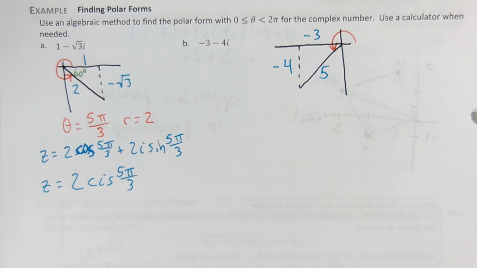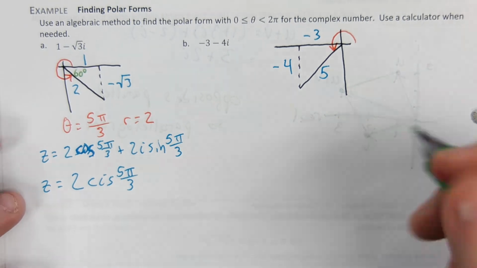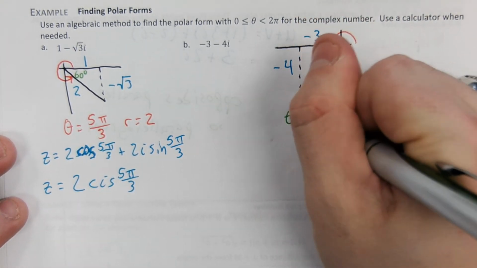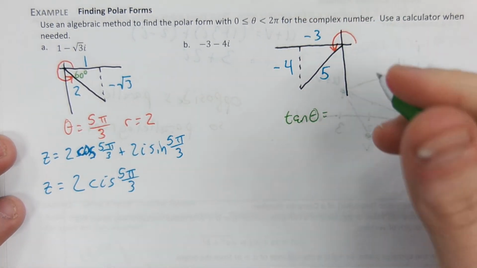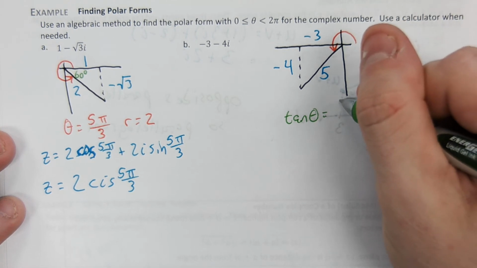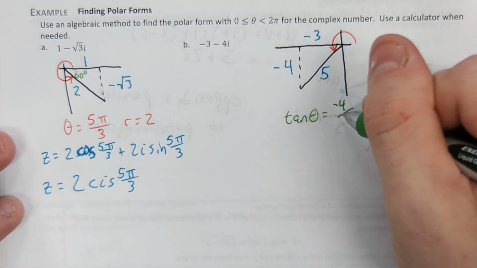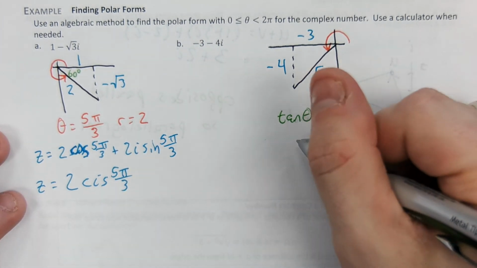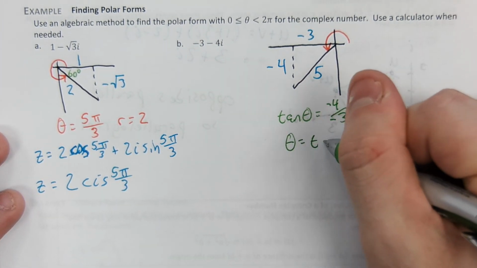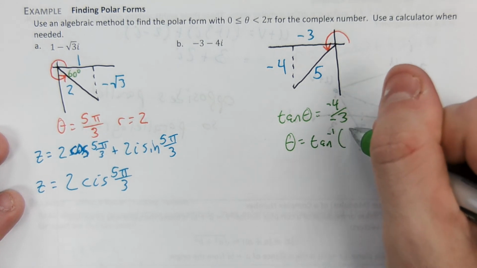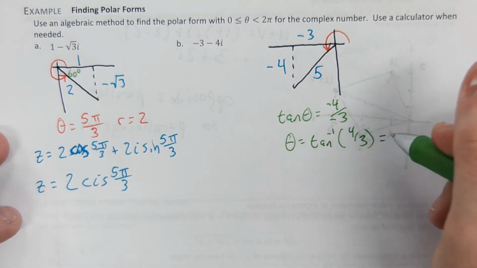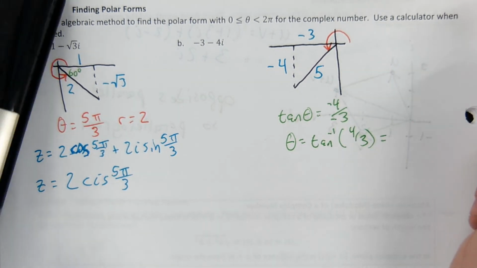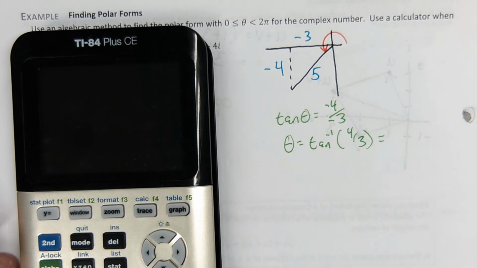I think it's the easiest, and let me show you why. Tangent of theta is -4 over -3, so positive 4/3. And when we use tangent inverse, we're going to get a result in quadrant 1.